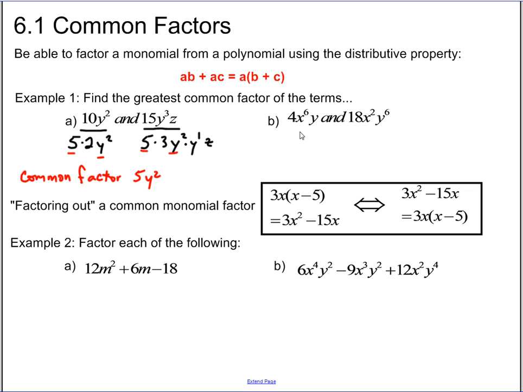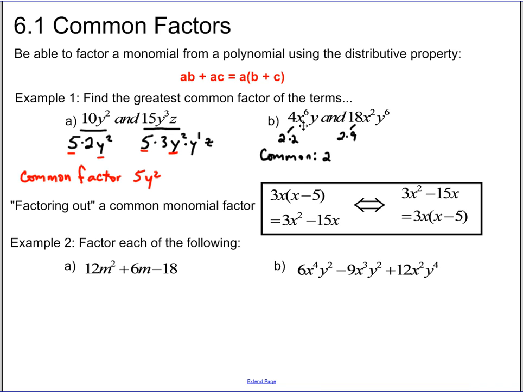All right, how about our next victim over here? We've got 4x to the 6th y. We've got 18x squared y. Let's look at the numbers first. If we're looking for our common factor here, well, both of them contain a factor of 2. We've got 2 times 2 here, 2 times 9 here. So 2 must be part of the common factor. What else?